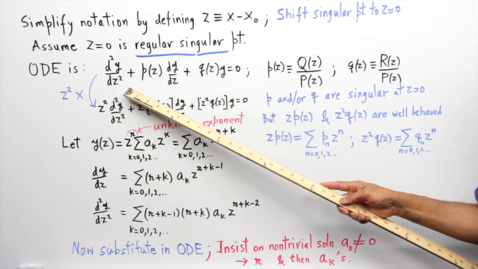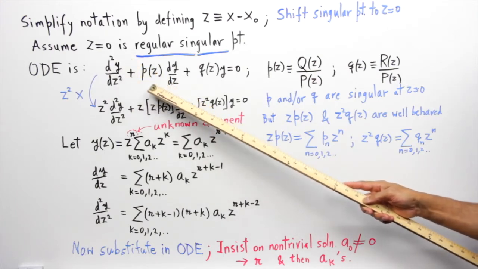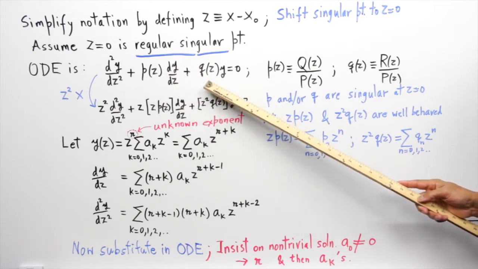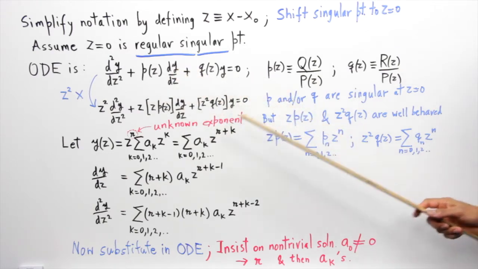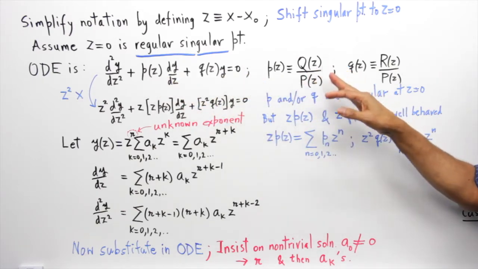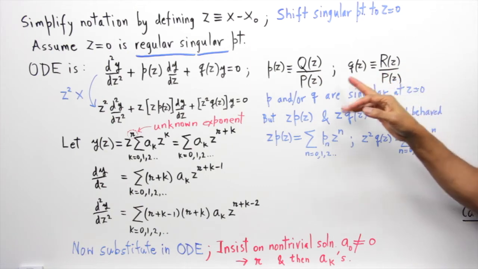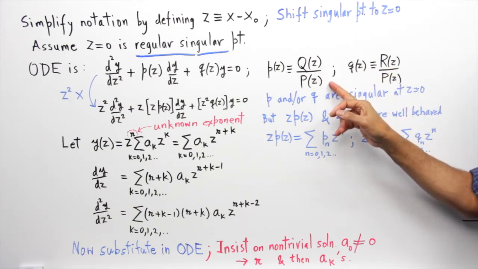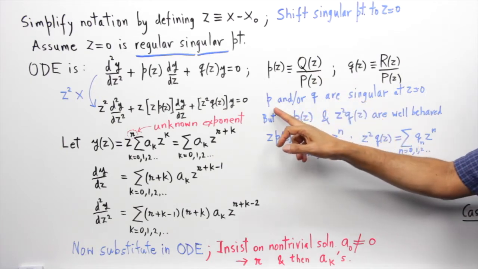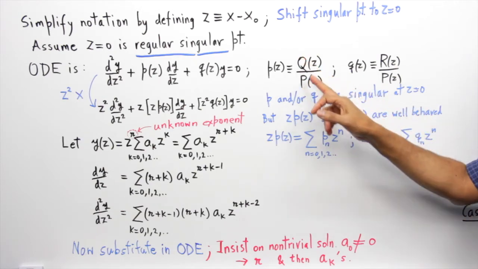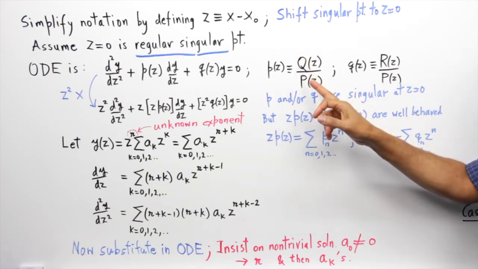So the second derivative with respect to z, plus function p of z times dy/dz, plus q of z times y equal to 0. And these functions p and q that appear in the equation are given by these ratios that we had encountered before. They are simply functions of z, and z equal to 0 is the regular singular point that is of interest. And so p and or q are going to be singular because Q is divided by P. Q does not vanish, let's say.